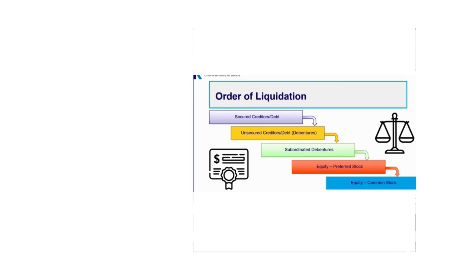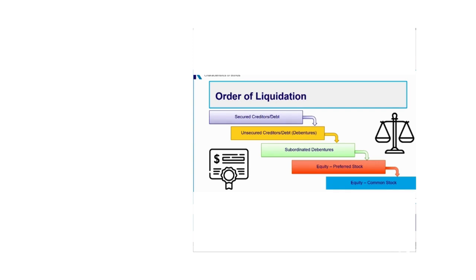Once the secured creditors have been repaid, then the company repays its general unsecured creditors, which includes most of their bondholders that own debentures. And once all the issuer's general creditors have been repaid, then any junior debt gets repaid, which are the subordinated debentures that we talked about on the last slide.